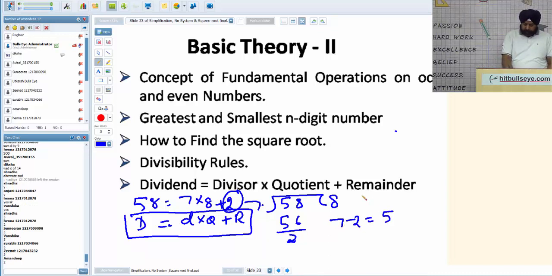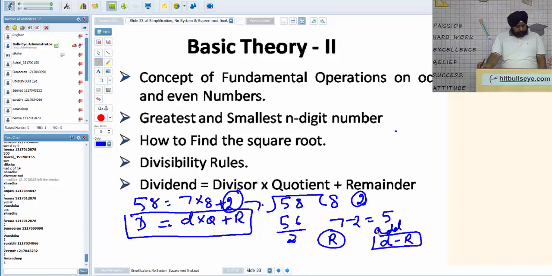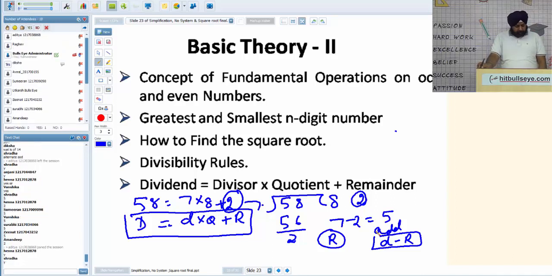And to make it divisible by subtraction, we should subtract 2. So subtracting R or adding D minus R will make the number divisible by the divisor. I hope you understand this first concept. I repeat: if you need to subtract, you subtract R. If you need to add to make it divisible by the divisor, you add D minus R. These are the basic divisibility rules, and we'll proceed.